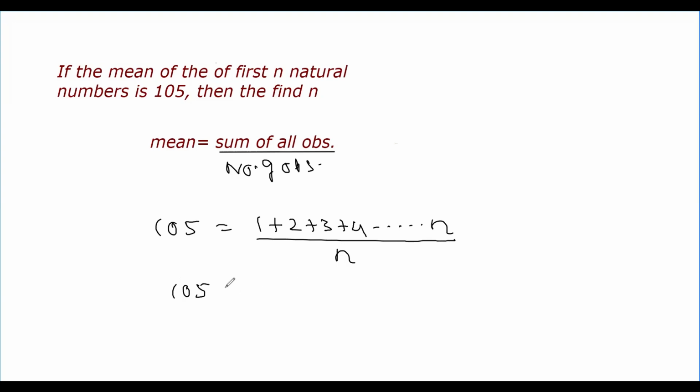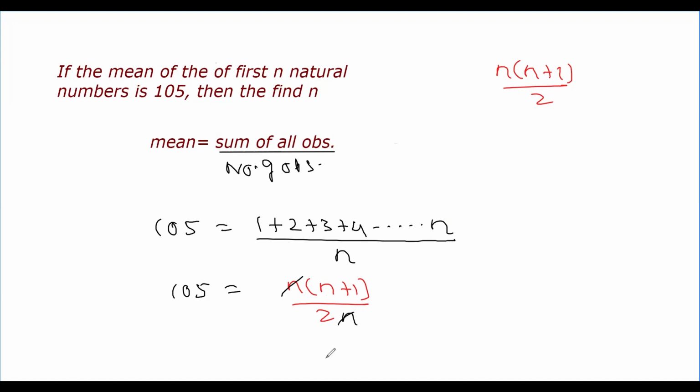Now let's figure out what we can do. We know the formula for the sum of the first n natural numbers is n times n plus 1 divided by 2. I can replace the numerator with this. Now remember, there is another n over here, so the n cancels.